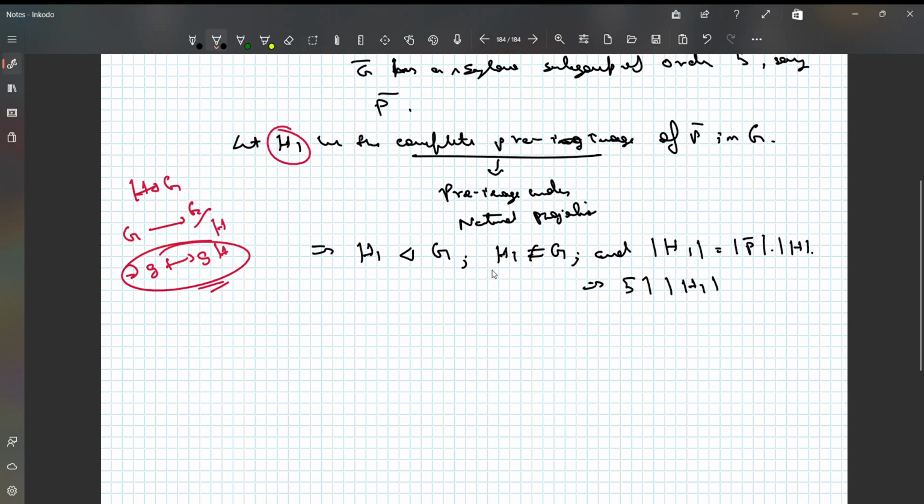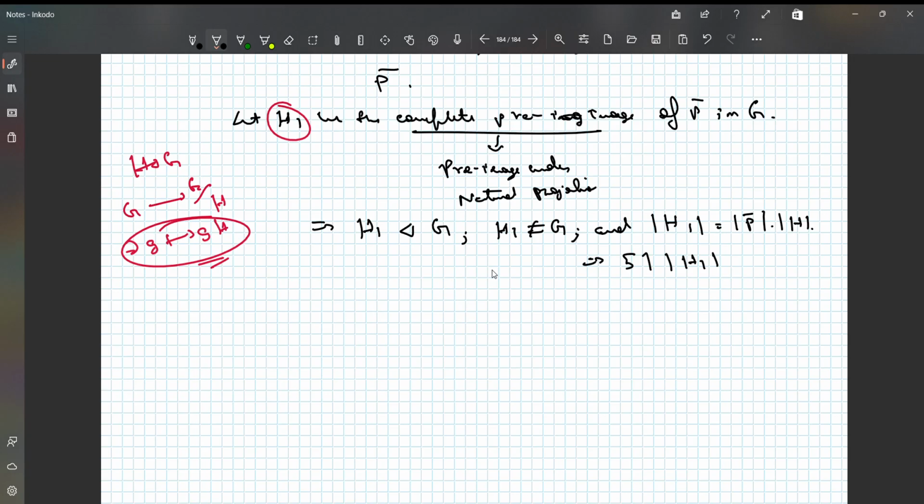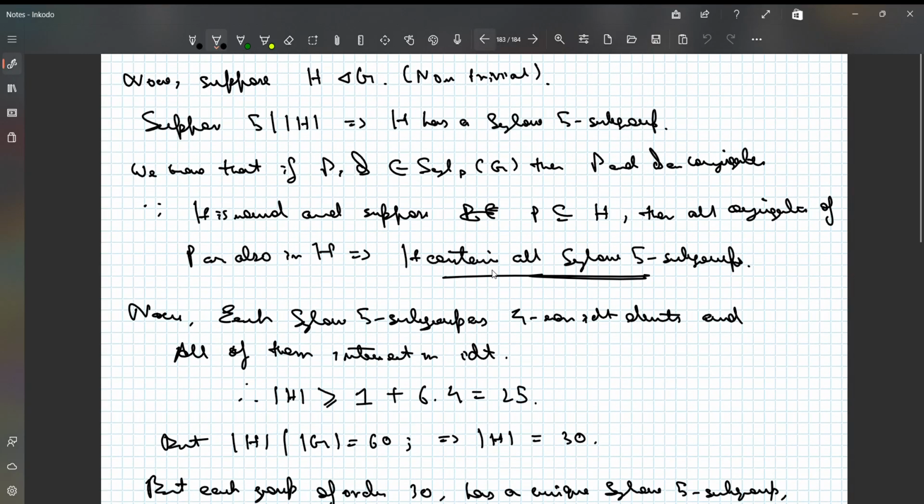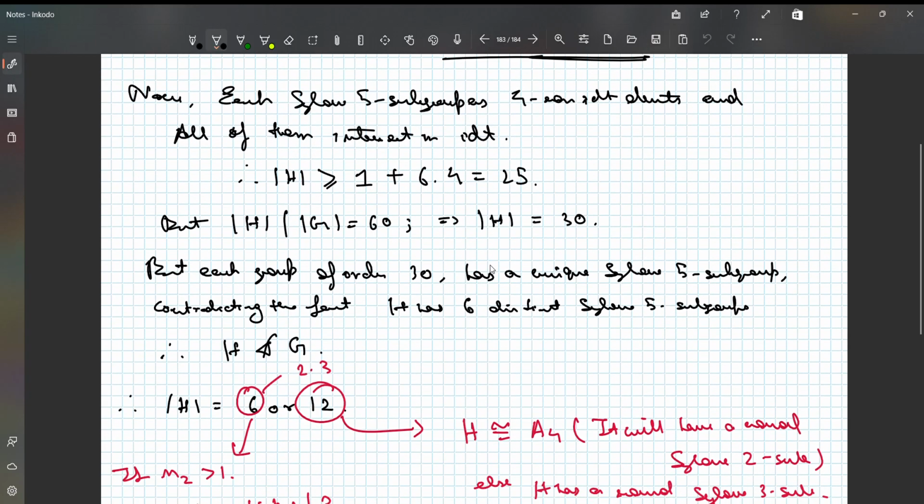But then H1 again comes out to be a non-trivial normal subgroup of G, which has 5 as a factor. But that is not possible, which is a contradiction. Contradiction to star, right? Contradiction to this fact.